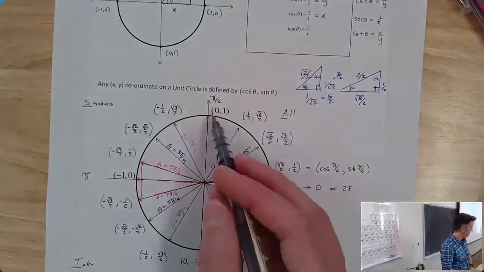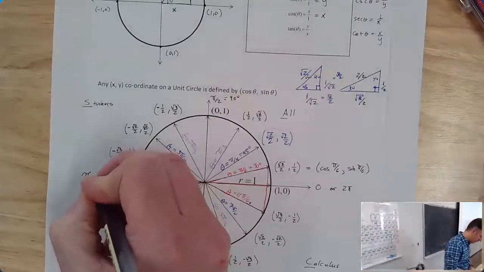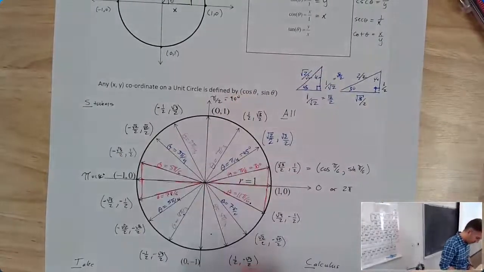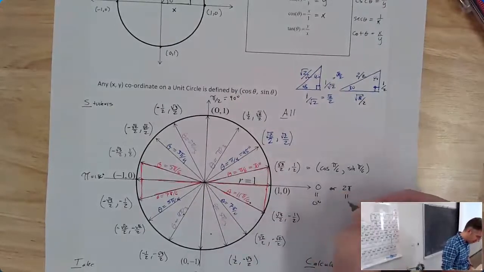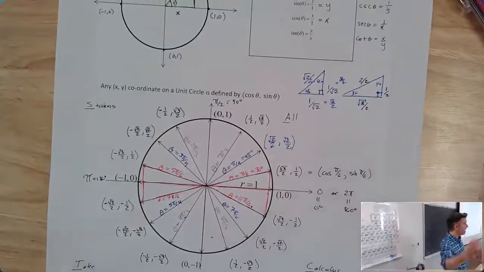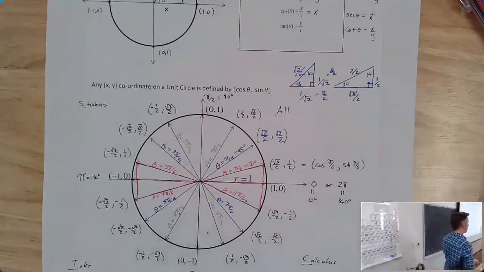So pi over 2 or 90 degrees, pi, which is 180 degrees, 3 pi over 2 or 270 degrees, and 0 radians, which is 0 degrees, or 2 pi radians, which is 360 degrees, or any further angle like 450 degrees or 6 pi or anything that ends up on one of those axes is called a quadrantal angle.